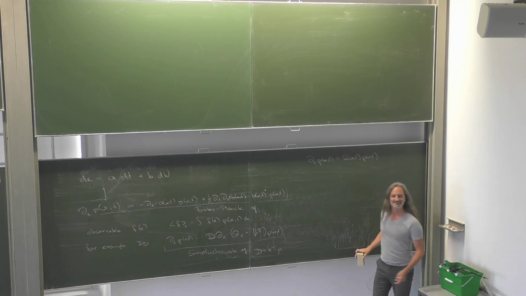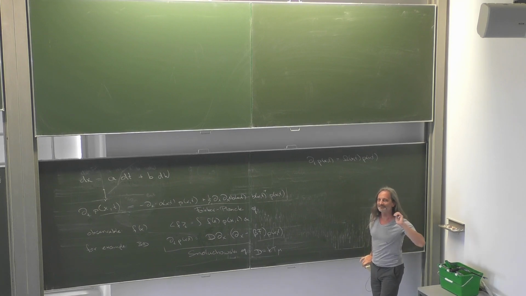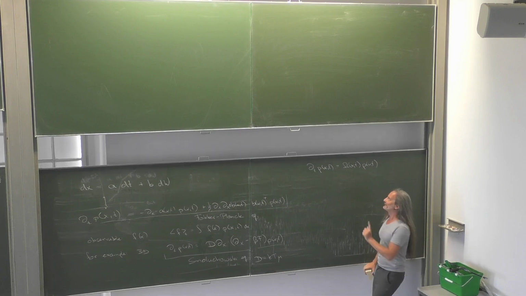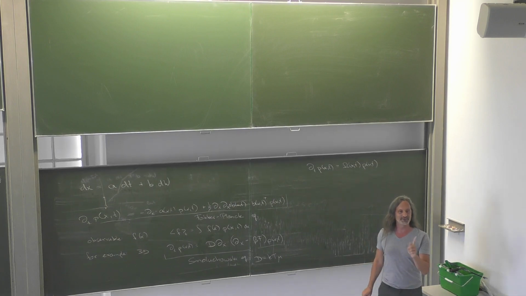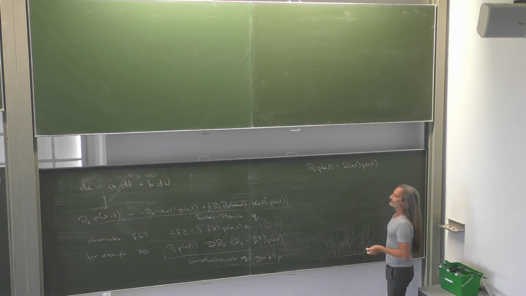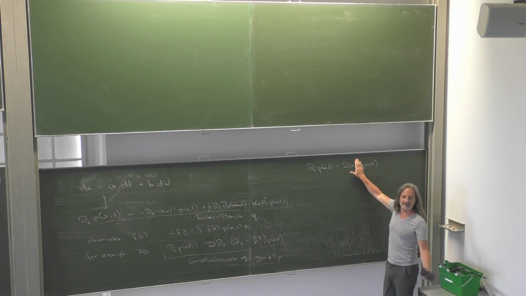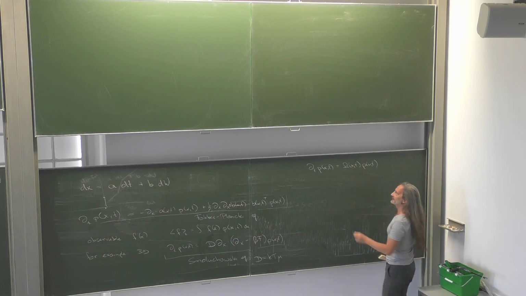Almost. It's a time-ordered exponential. So this would be solved by an exponential. And the exponential is also defined by its Taylor expansion, so you can even do it for operators. This is a bit more tricky.